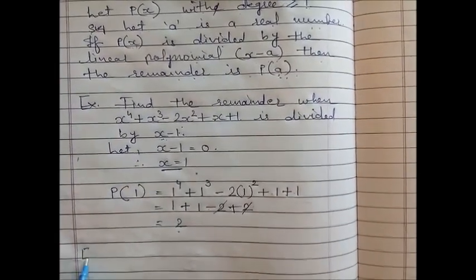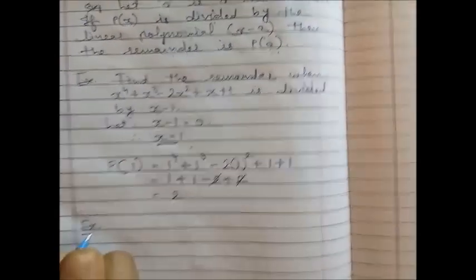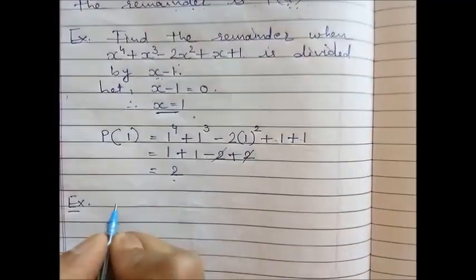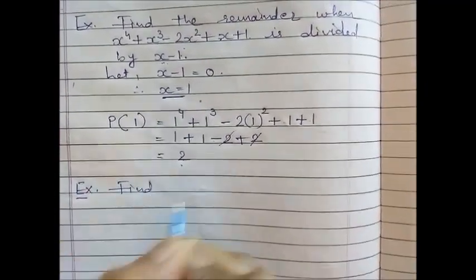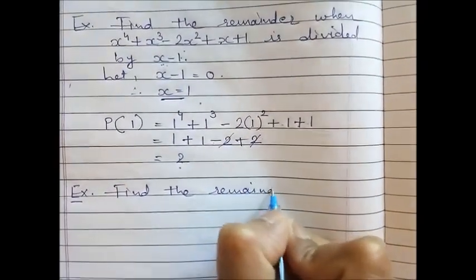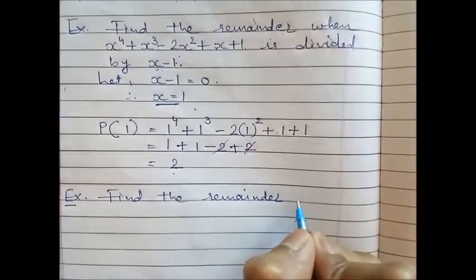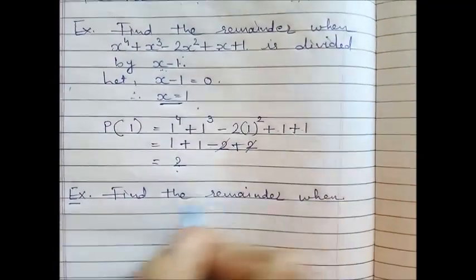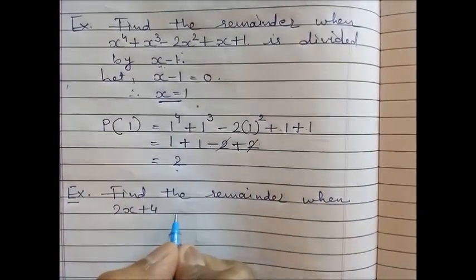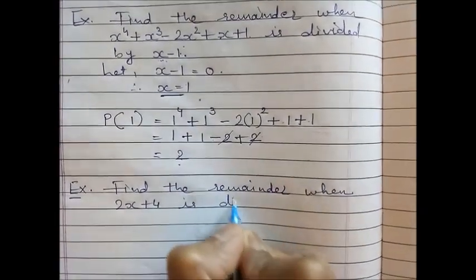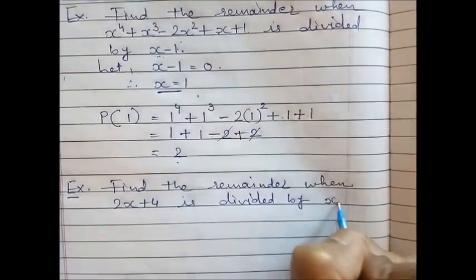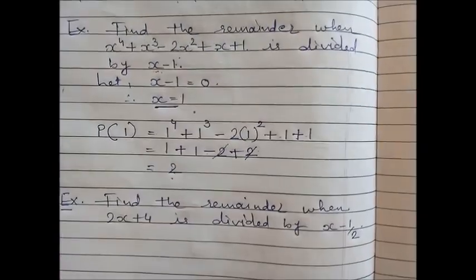Now let's take one more example for the same theorem. Find the remainder when 2x plus 4 is divided by x minus 1 by 2, right?